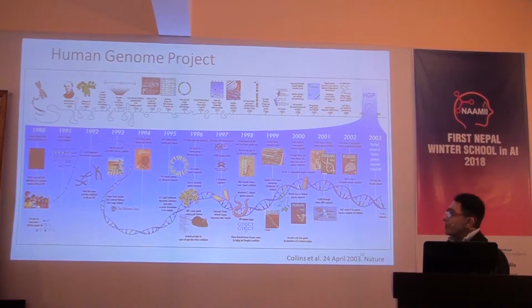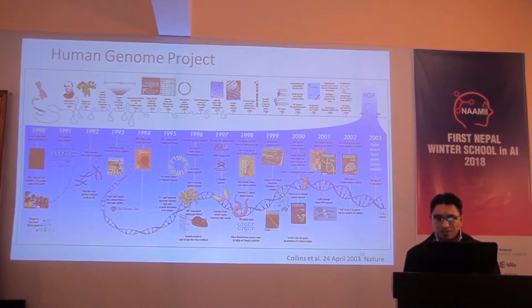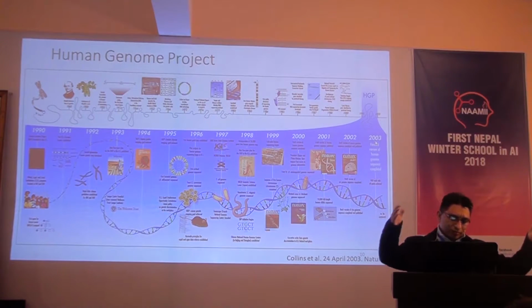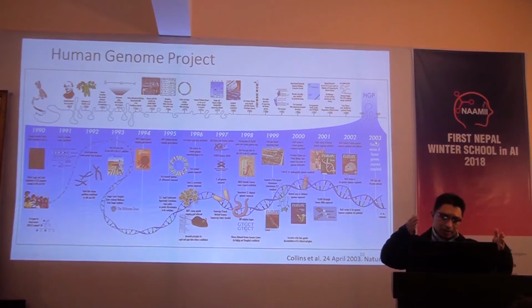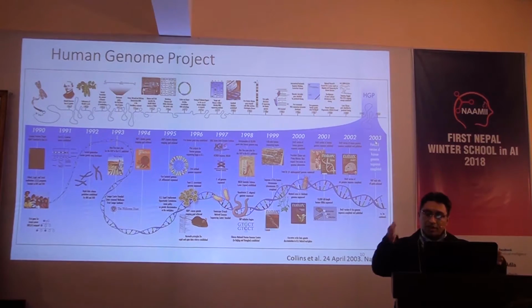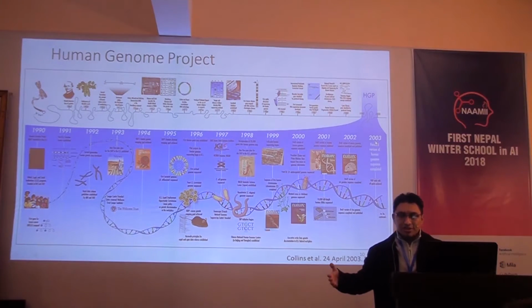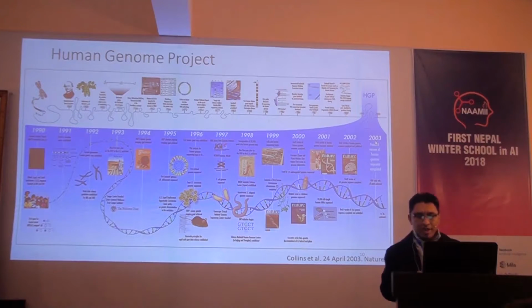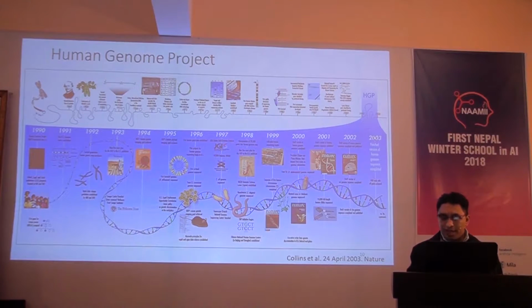And coming back to the Human Genome Project, the first draft was completed around 2000, and the final version, where the scientists found out the order of these A, T, Cs, and Gs in the human genome, was finally completed in 2003.